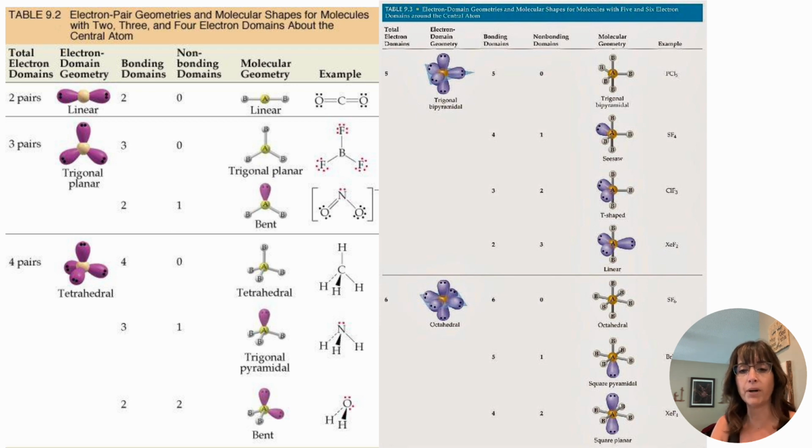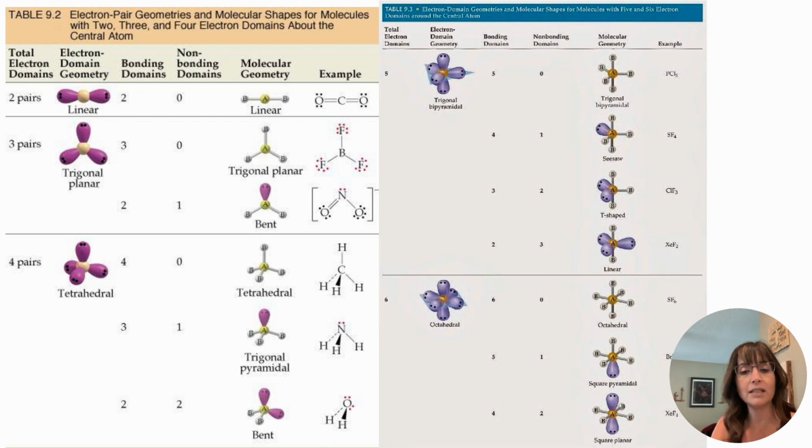If all 3 are bonded and you don't have any non-bonding, so you don't have any balloons of negativity sitting there, you get trigonal planar. And the example is BF3. But what if you have 2 bonding domains and 1 non-bonding, as in the case of the NO2 ion? Well, that purple thing on top is just a pair of electrons that aren't bonded to anything.